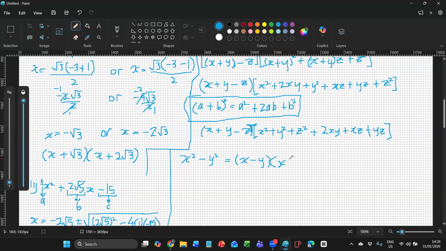Is that not factorization? Yes, it's factorization, definitely. And that time I was telling you that some quadratic equations look a certain way. Sometimes quadratic equations may not look like ax squared plus bx plus c.